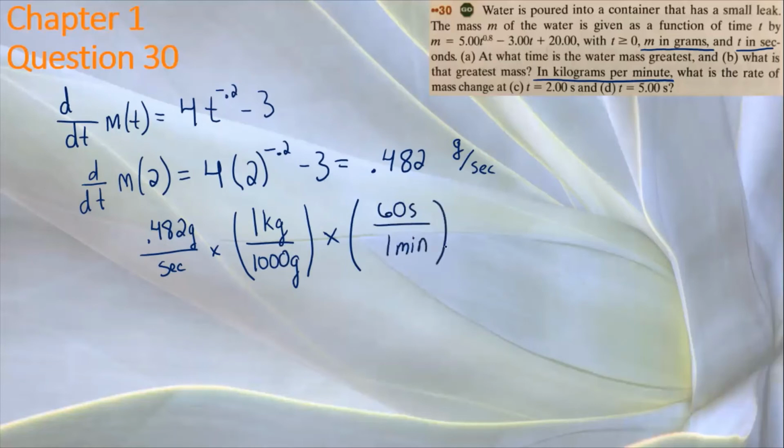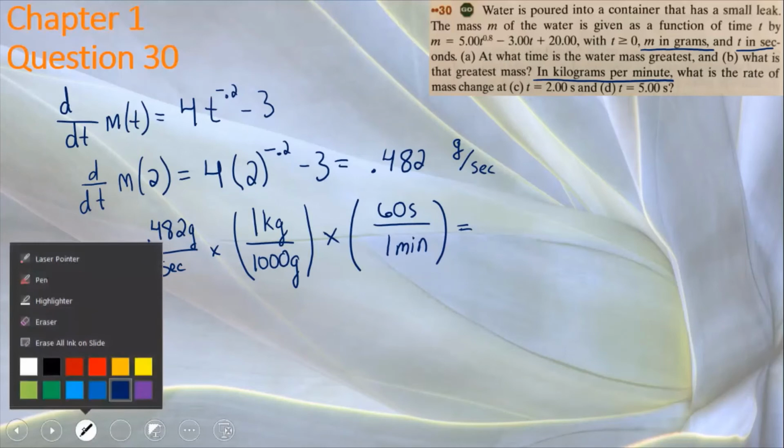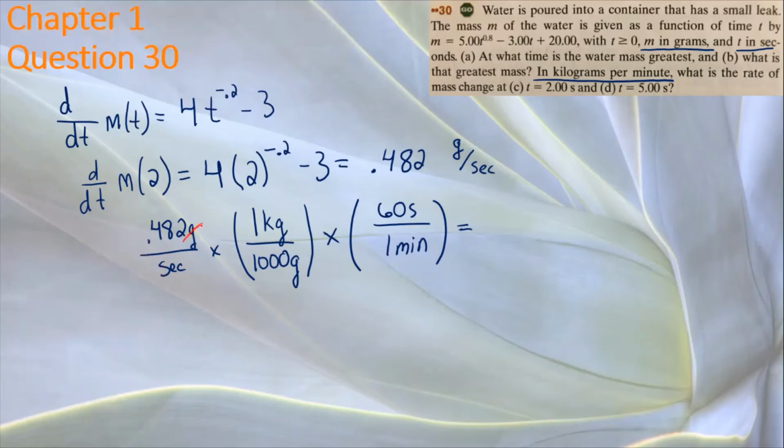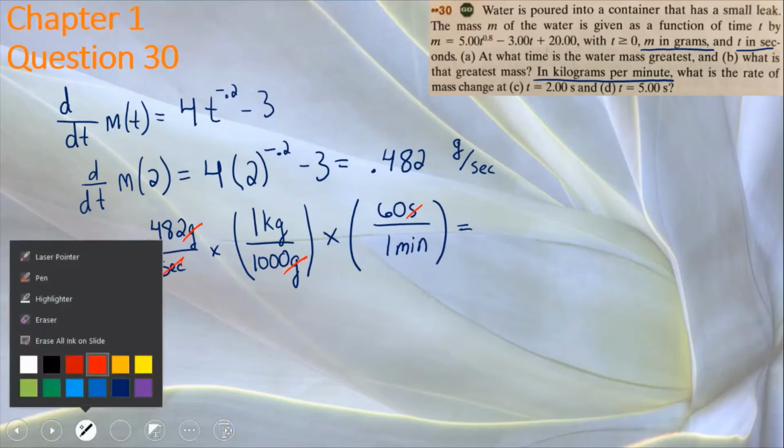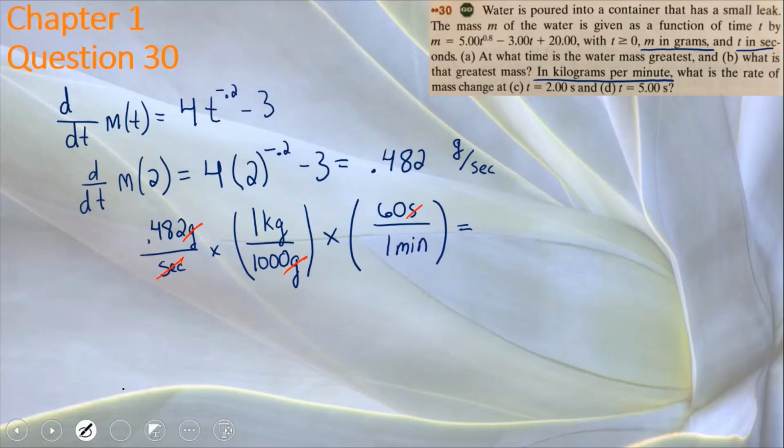So our second conversion factor is 60 seconds over 1 minute. Multiplying all of these numbers out, we will cancel out the units of grams, and we will cancel out the units of seconds, leaving us with only kilograms per minute. And the numeric answer for this is 0.289 kilograms per minute.